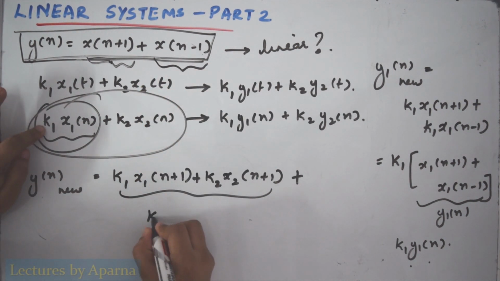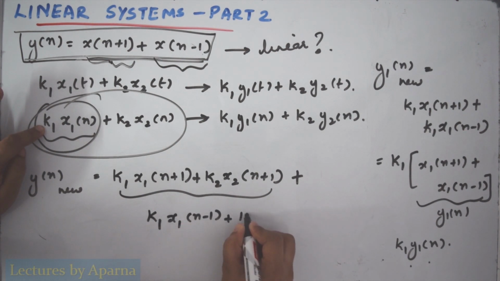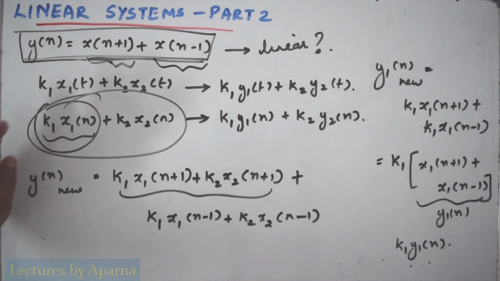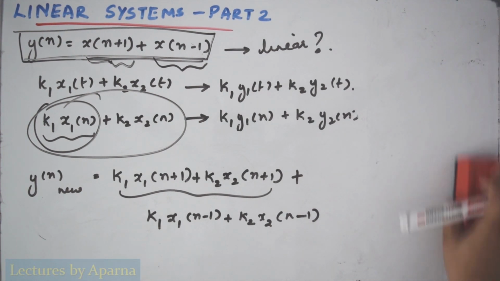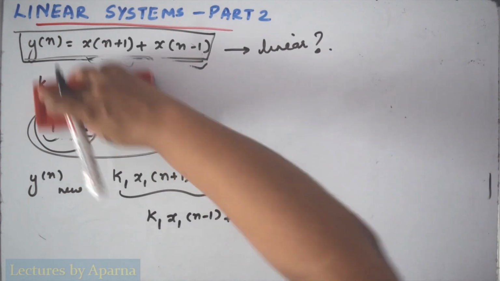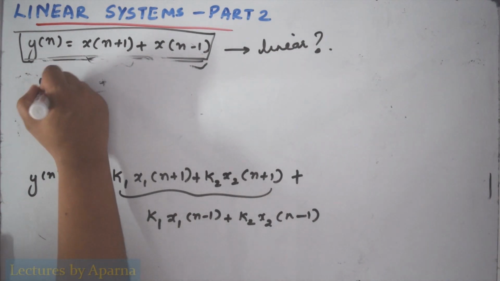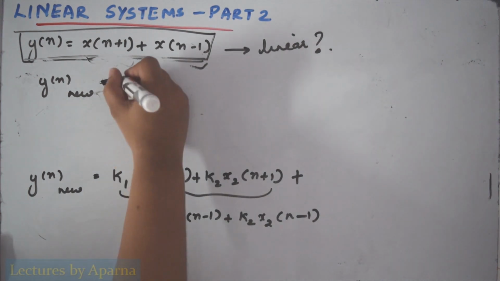the input is this, therefore it will be k1 x1 of n minus 1 plus k2 x2 of n minus 1. We can rewrite the equation as y of n new is equal to k1.